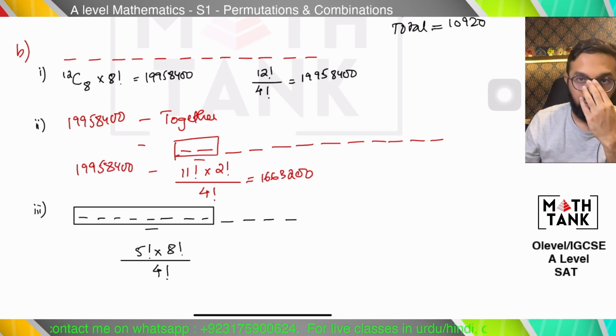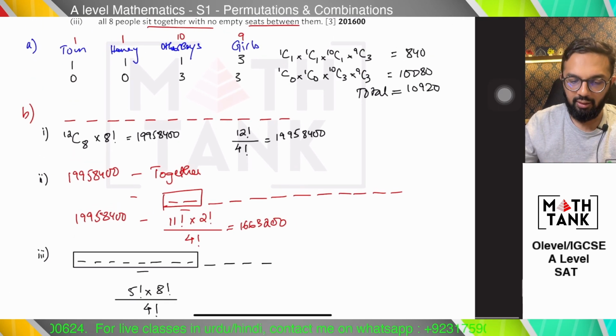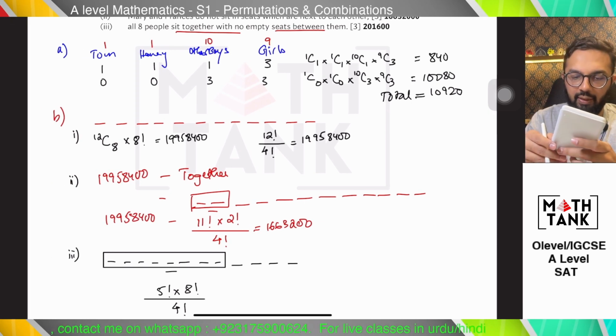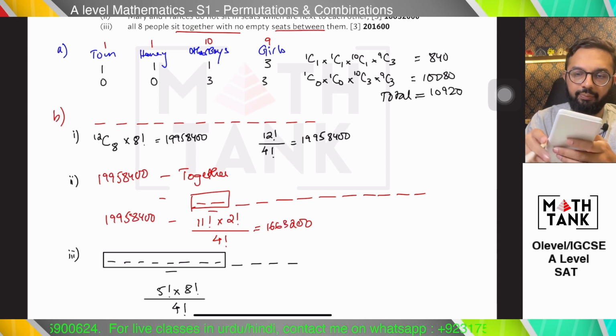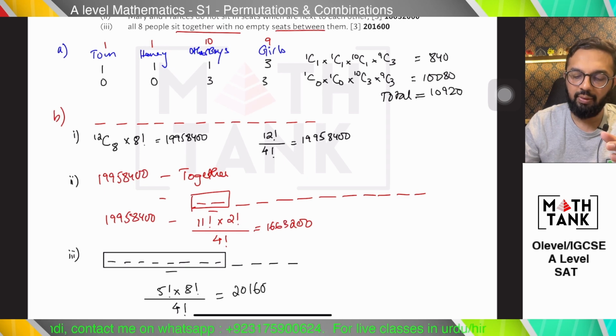Make sure that you understand this, and we have our final answer: 5 factorial into 8 factorial divided by 4 factorial, which is 201600. So that was the easy way of solving this.